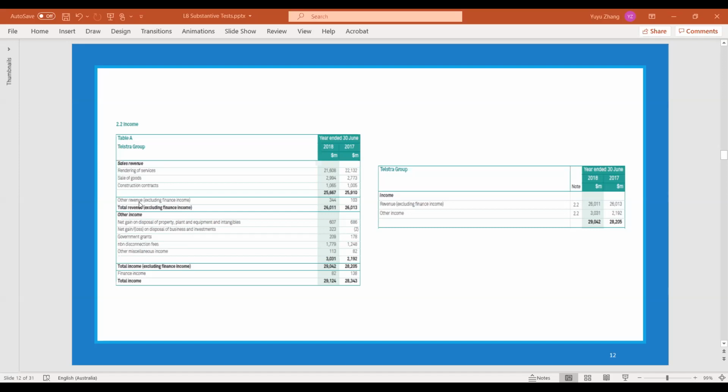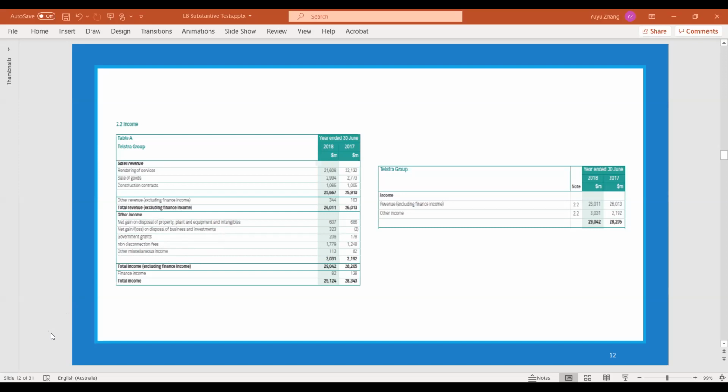Right? What about other income? That includes net gains on disposal of PPE, net gains on disposal of business investments, government grants, NBN disconnection fees, other income, etc. Do you have any concerns?